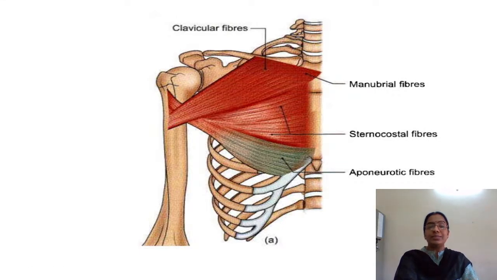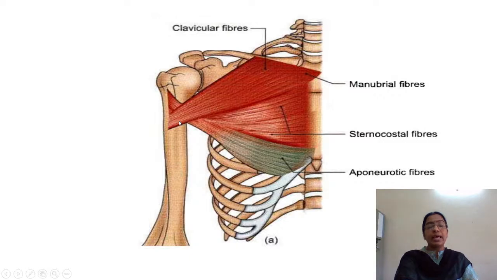To understand this, we say anterior and posterior fibers. The pectoralis major is a triangular muscle with a very broad origin but a narrow insertion. That narrow insertion is in a U-shaped twisted manner, where the posterior lamina is at the highest point and the anterior lamina at the lowest point. Do remember this.